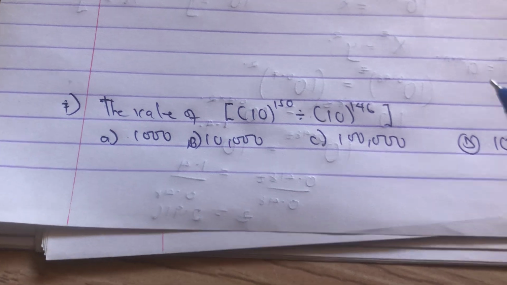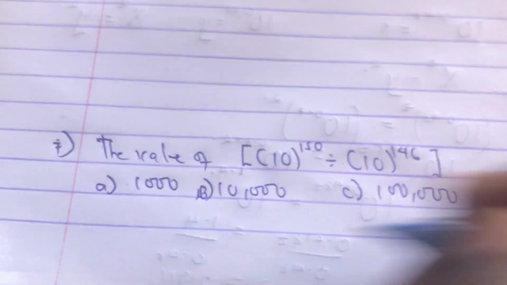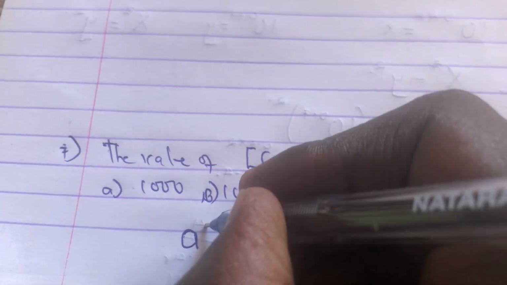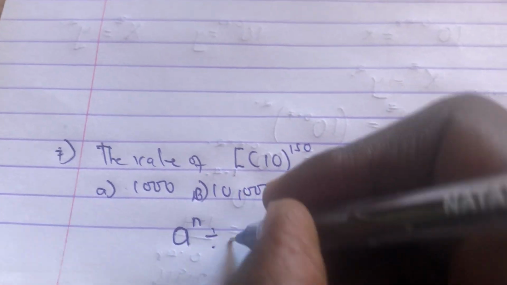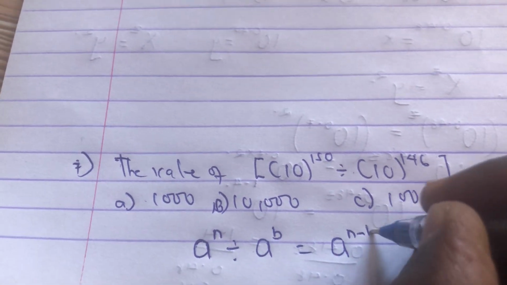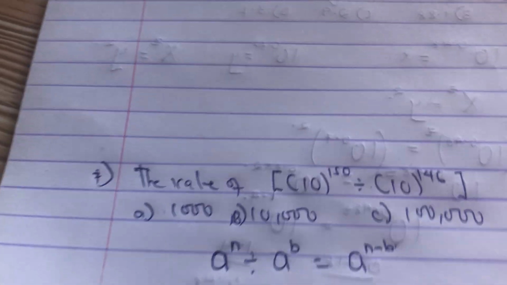the C. Then the next one, they are saying find the value of 10 to the power 150 divided by 10 to the power 146. So here we shall use the rule of a to the power n divided by a to the power b is the same as a to the power n minus b. So you just subtract the powers.